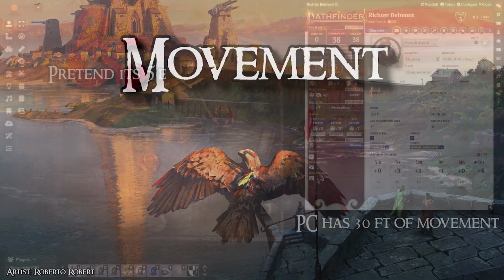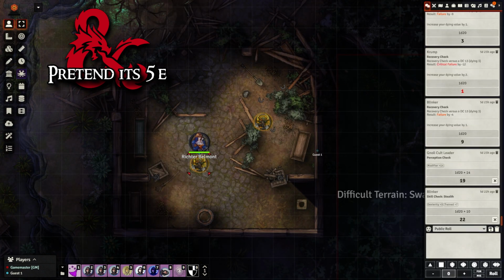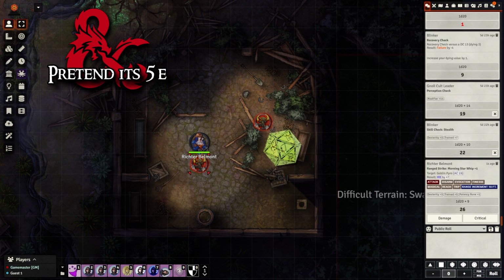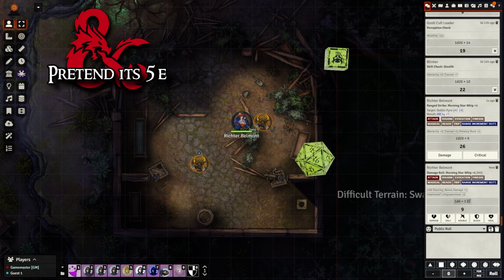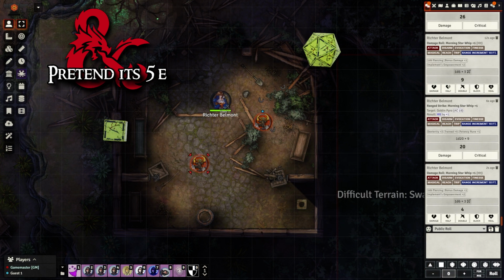In 5th edition, you can only move up to your total speed on your movement phase, with the exception of an action surge. But during the move, you can keep going even after stopping to take an action if you have the distance remaining, like stopping to hit one opponent, then moving to another. You get to use up the total distance you can cover during your turn.